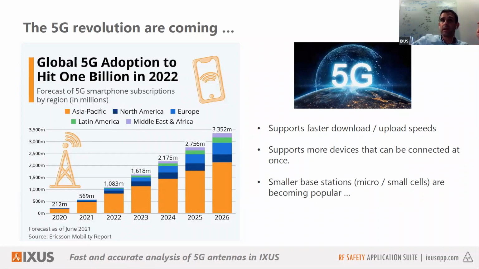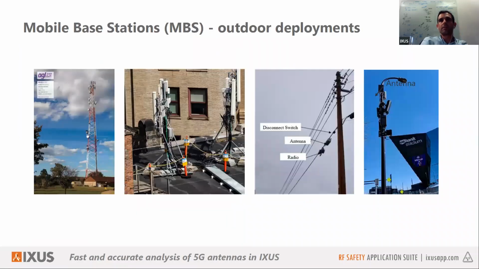In particular, something I noted when I visited the US now at ConnectX was the increase in popularity of micro or small cells for the deployment of some of these antennas. That is really something that I noted regarding the rollout here.